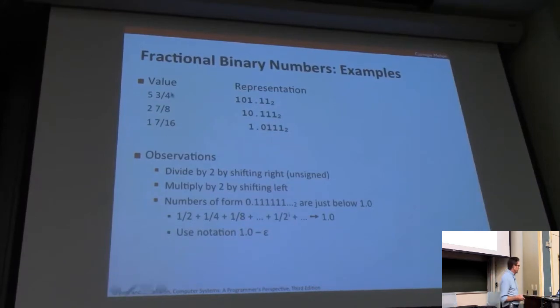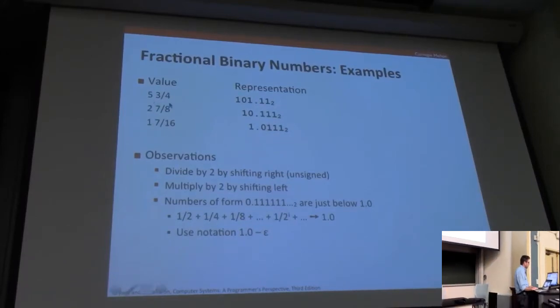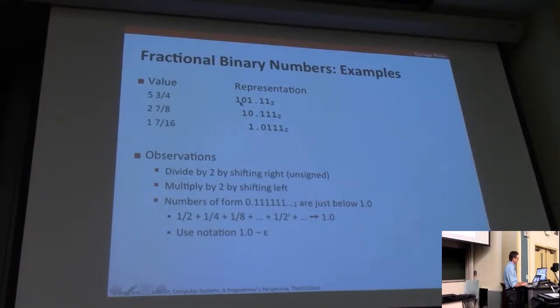So let's look at some of these values. 5 3/4 we would represent as 101.11. So this is 4 plus 1 is 5, plus 1/2 plus 1/4. 2/4 plus 1/4 is 3/4, so 5 3/4.